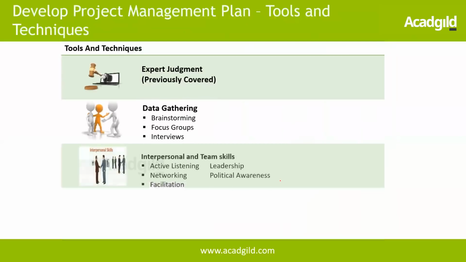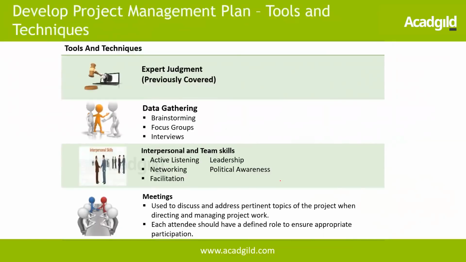And OPA, organization process assets, is a key input where the project manager will refer to historical data, looking at previous similar projects, how the project management plan was developed, and take references from there. The tools and techniques here are the same as what we saw earlier, which is expert judgment, looking at the project charter as an input and all the influences that we have. The project manager takes a call on that, plus talks to other seniors and experts and gets some inputs from them.